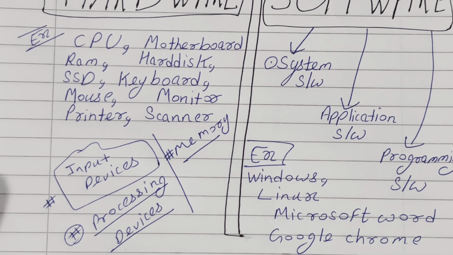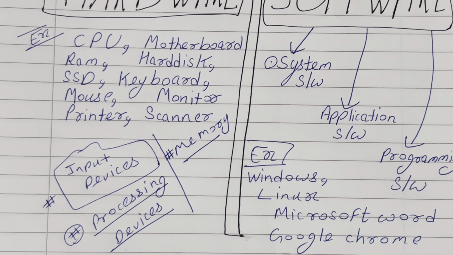Memory, as we know, is used to store data and instructions that are required by the computer during its operations. It allows the CPU to access the information needed for processing tasks. Memory can be divided into primary and secondary memory.